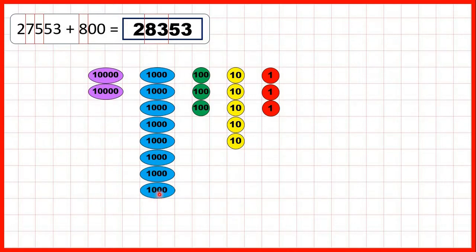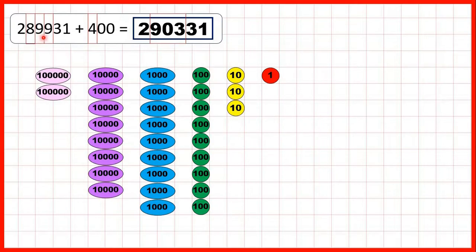So now we have 8,000s counters and 300s, so that's why we got 83 in the digits that we'd highlighted. Then we had 289,931, so that's 200,000s, 8 10,000s, 9,000s, 900s, 3 tens and 1 one.